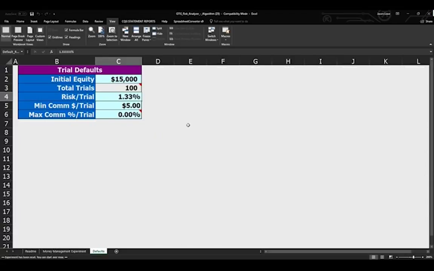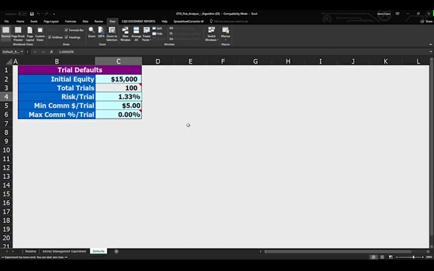This will account for commission and slippage. Commissions on futures contracts can be as low as 50 cents per turn. And then that would factor in over the course of 100 trades, for some slippage as well as your commission. Okay, so that's the way that this thing is set up. In addition to that, this is a total trials of 100.